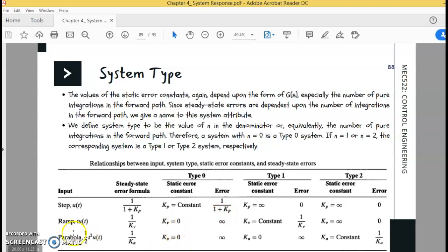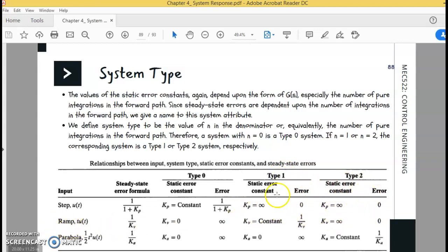Okay, but for the ramp and parabola, KV equals 0, KA equals 0, so the error is infinity. Okay, and then for the type 1, KP equal infinity, error is 0. So meaning that for step, nak dapatkan dia punya steady state error 0, so mesti type 1 and above.